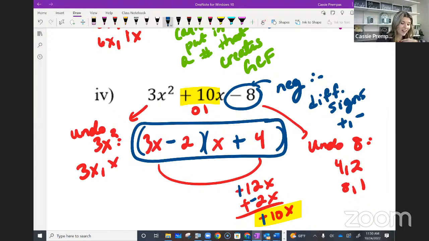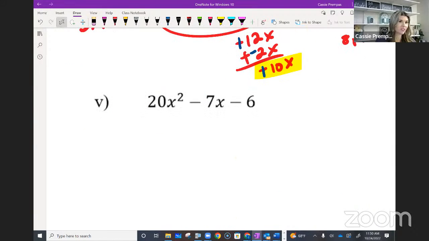All right, try number 5 on your own. You guys can do it. I know you can. It's a puzzle.